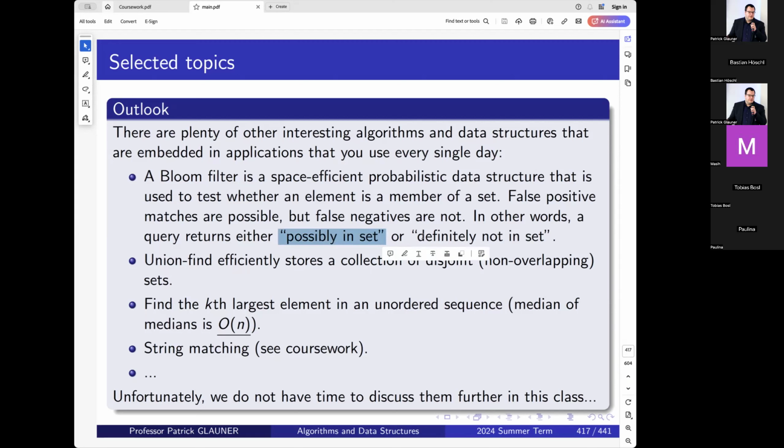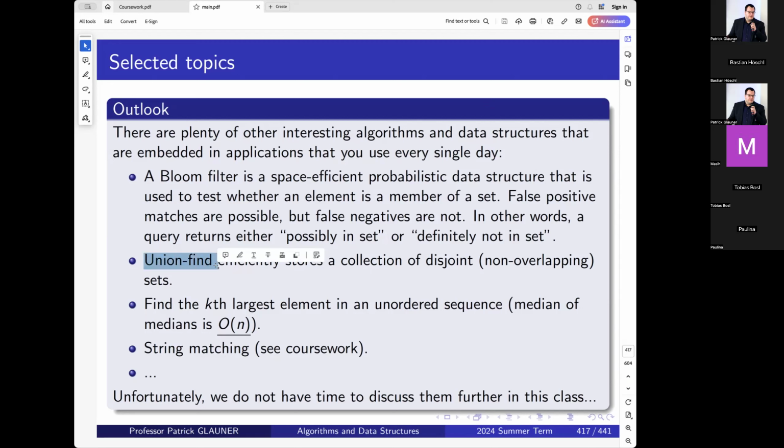For example, in stream processing or for caching in certain cases, such a data structure can be super helpful if you have a huge stream of data and it's just too inefficient to look this up in a tree or in a hash table. Then you would be using a Bloom filter. It's probabilistic, so it may have some error, but this is something you can study on your own if you wish and see how it works, but it's obviously not relevant to this course.